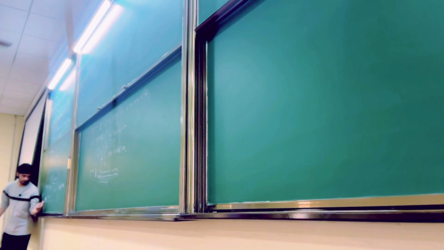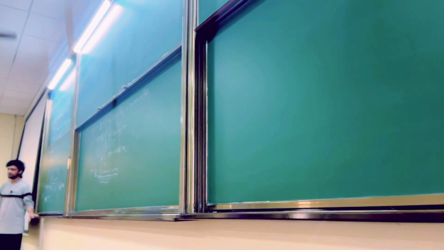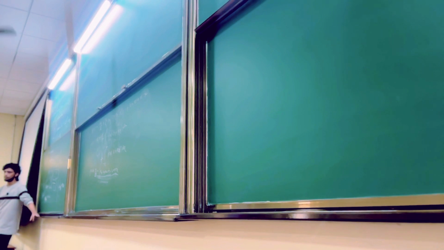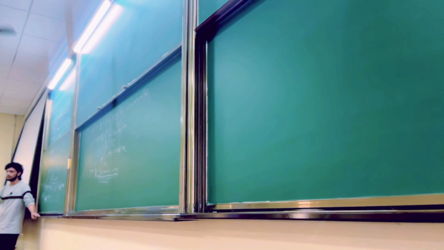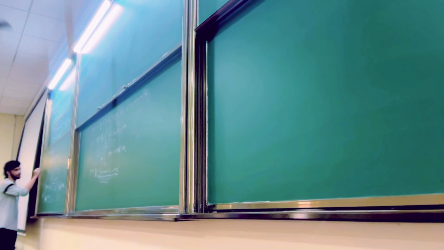How many people understand this step from this to this? Why am I writing 2n plus 1 instead of n? Even terms are going to be 0, because see, this is something like this.